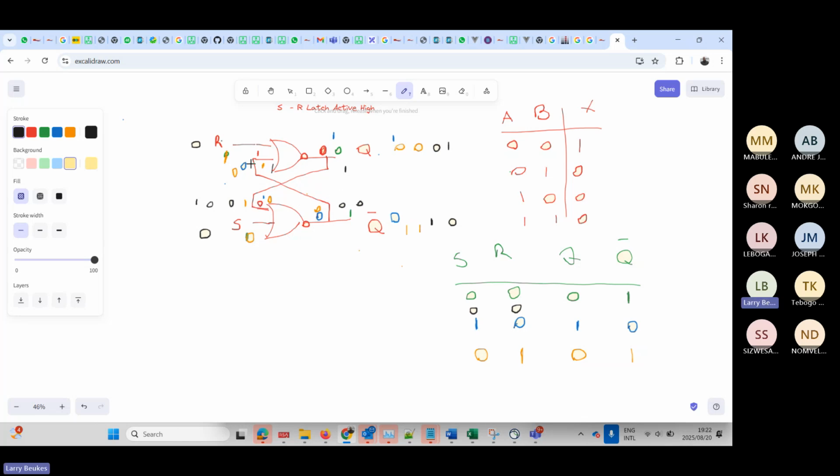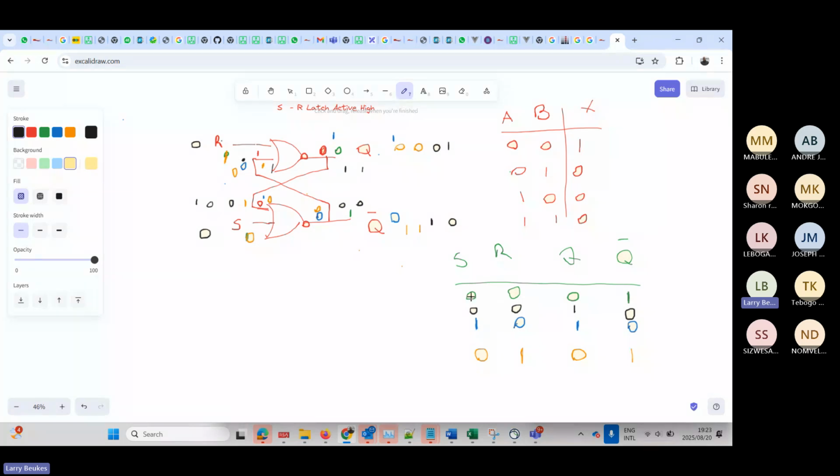Bring this 0 here, 0, 0 is a 1. You see it's not changing now, the state is final. So Q will be 1, and Q naught will be 0. So for 0, 0, now Q is 1 and Q naught is 0, right?